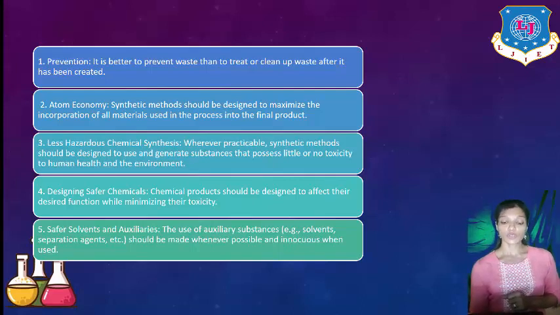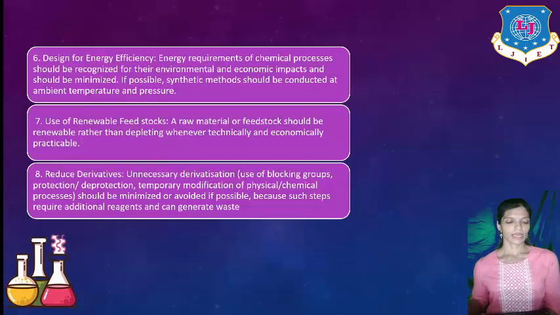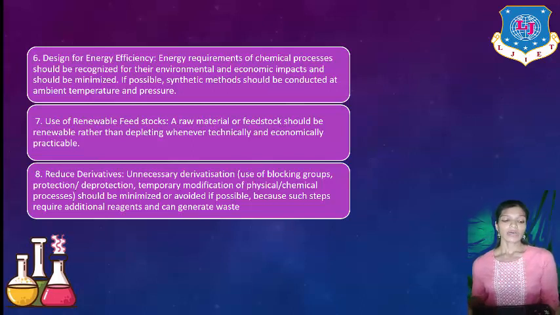The use of auxiliary substances, for example solvents and separation agents, should be made unnecessary whenever possible and innocuous when used. Sixth one is design for energy efficiency. Energy requirements of chemical processes should be recognized for their environmental and economical impacts and should be minimized, right? So seventh one is use of renewable feedstocks.